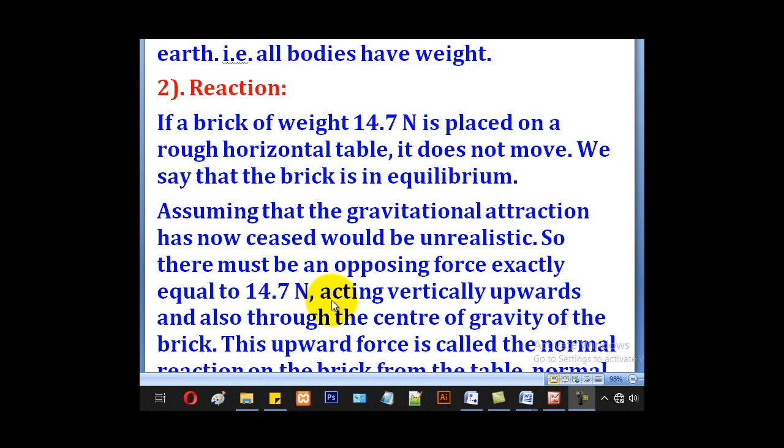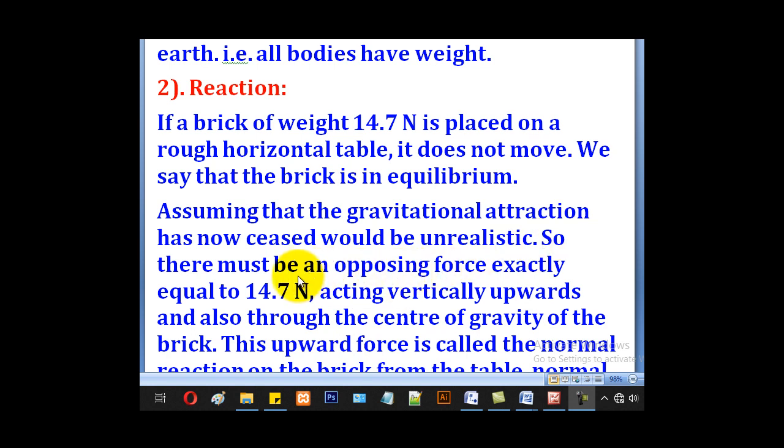Now if this very brick of weight 14.7 newtons is placed on a rough horizontal table, it does not move, and we say that the brick is in equilibrium. In that scenario, assuming that the gravitational attraction has now ceased would be unrealistic, because it is always there attracting bodies.